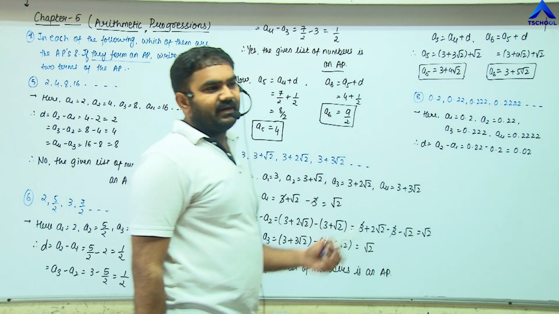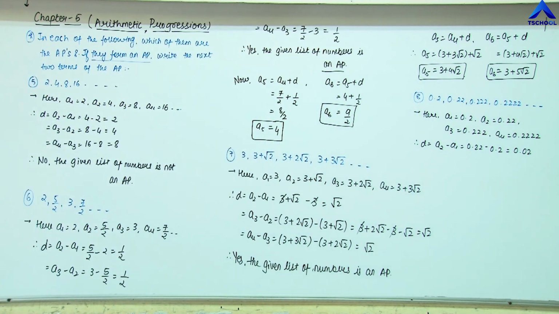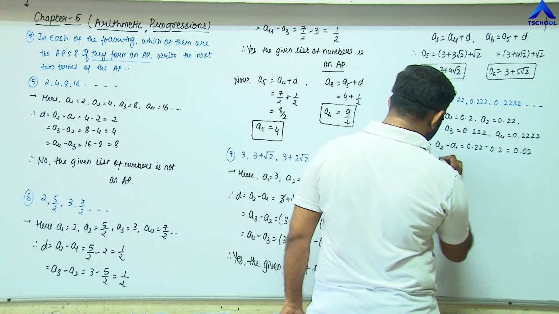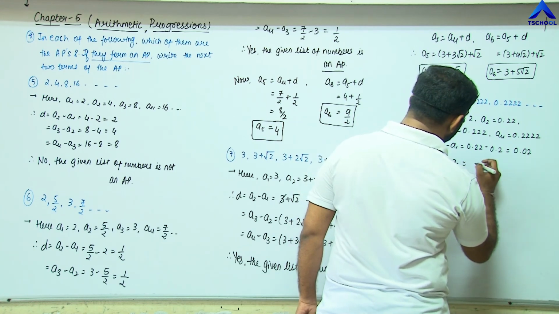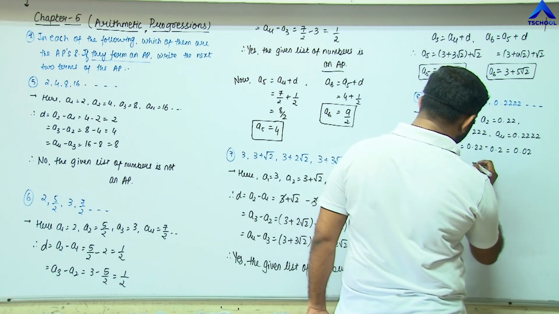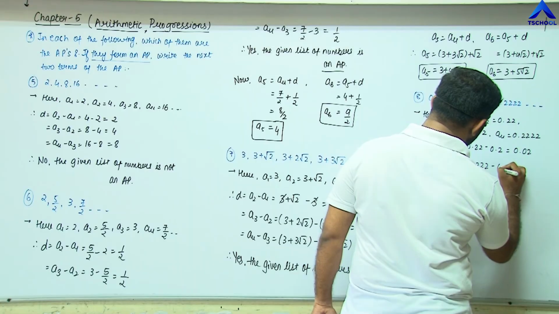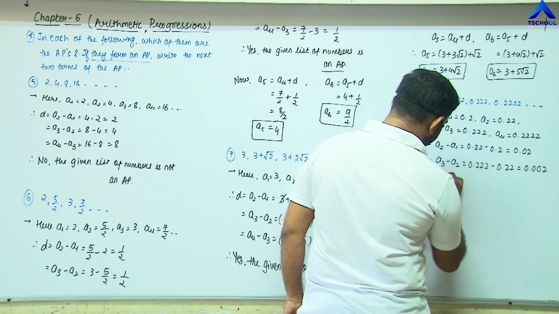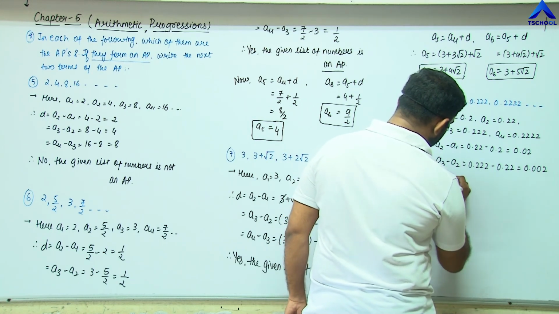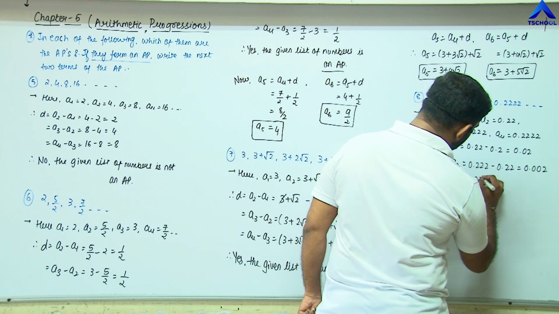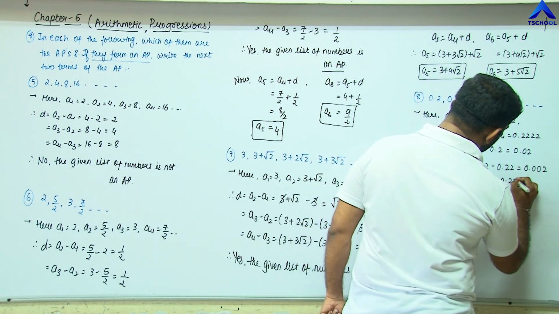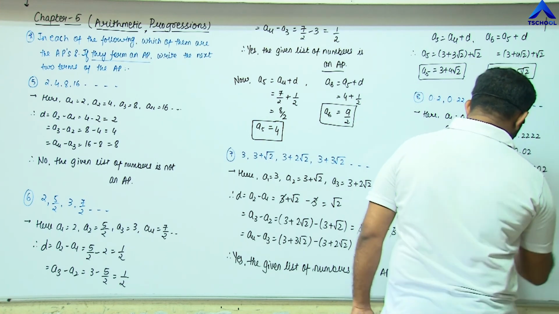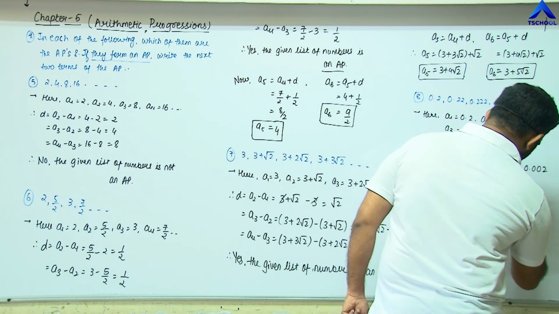Right, if you subtract 0.22 minus 0.2, so that 0.2 is going to be removed and at last the remaining is 0.02, that is also equal to A3 minus A2, that is 0.222 minus 0.22, that is 0.002. Also A4 minus A3, that is 0.2222 minus 0.222, which is equal to 0.0002.